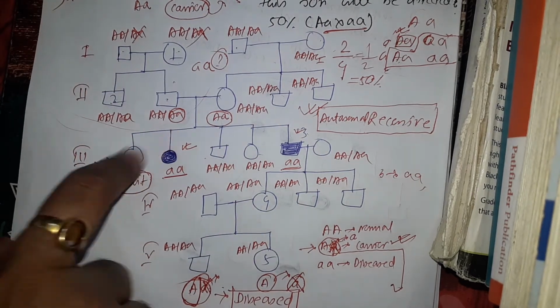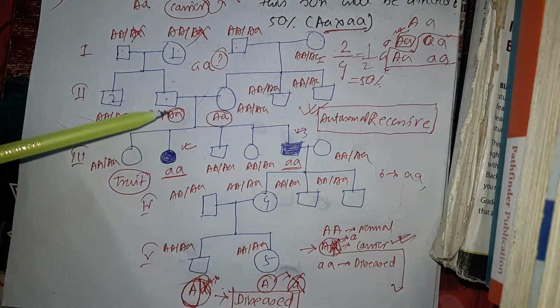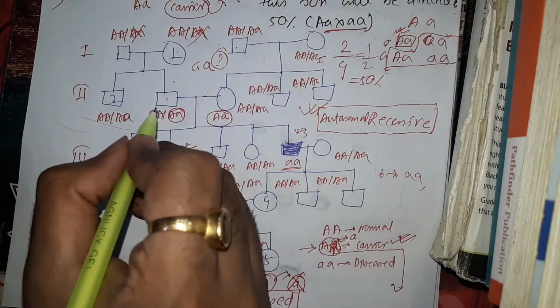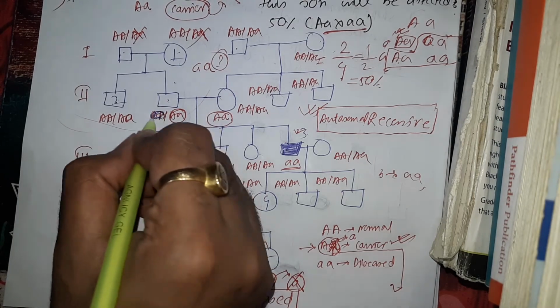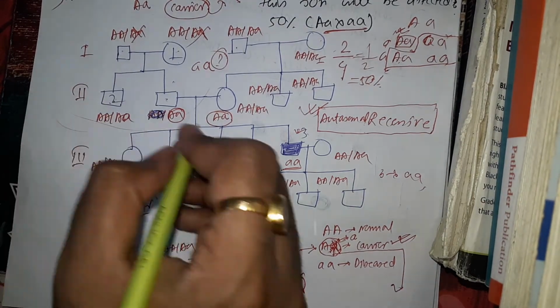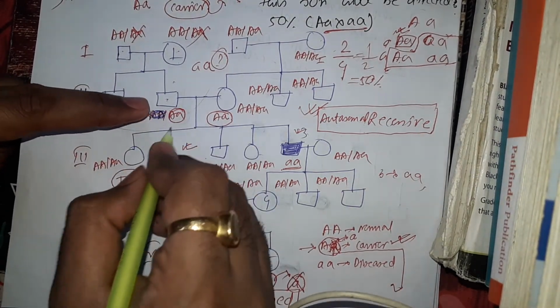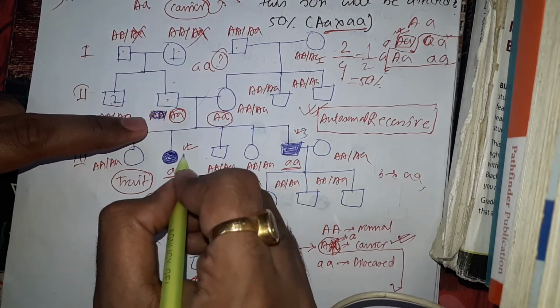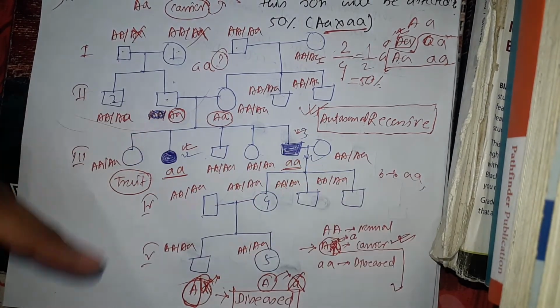So there is 100% surety that this male also has the genotype capital A small a, right? And that is the only possible way to have diseased male and female children.